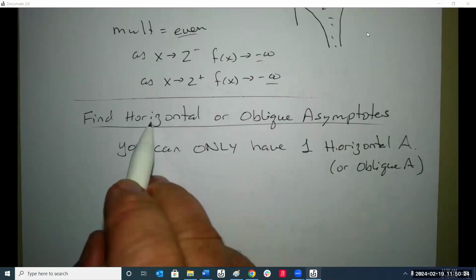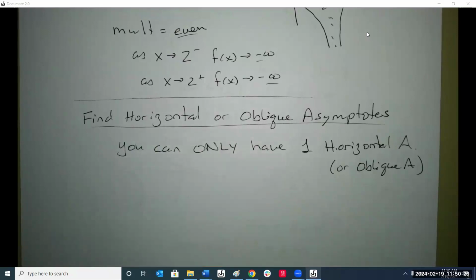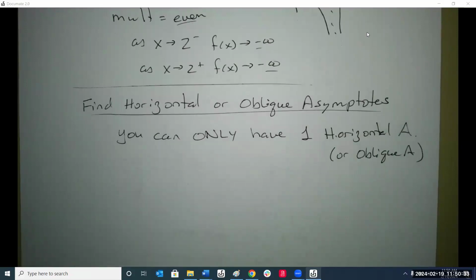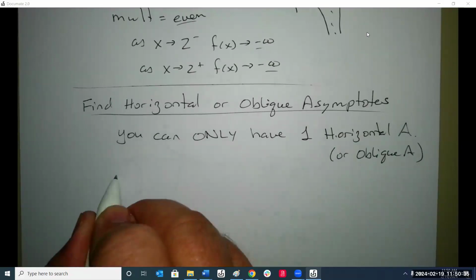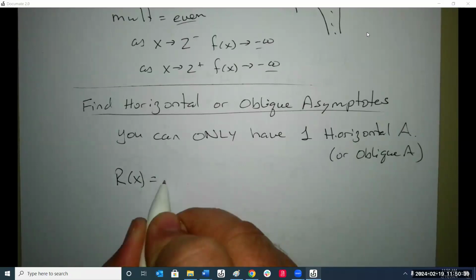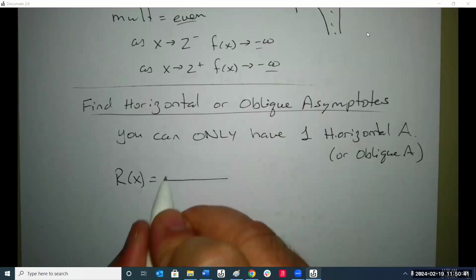You can only have one or the other. You cannot have both in an equation. So in any rational equation, you only have to look at the leading terms.